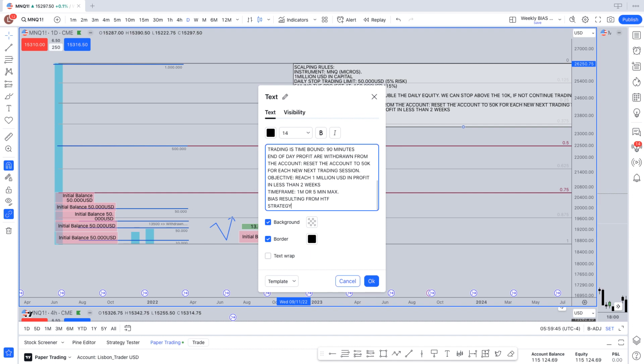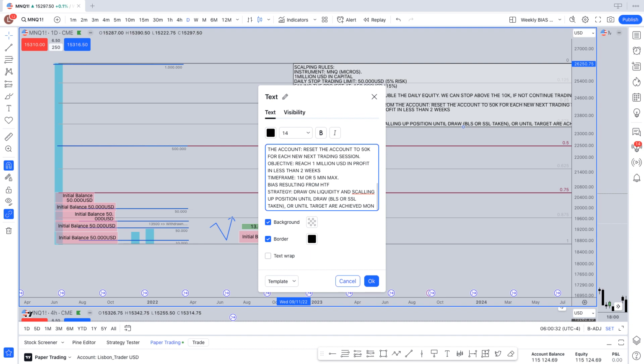Strategy: draw on liquidity and scaling up positions until the draw, so buy side liquidity or sell side liquidity taken, or until targets are met, are achieved.